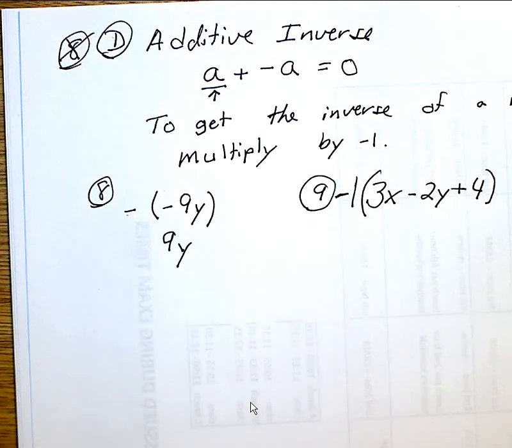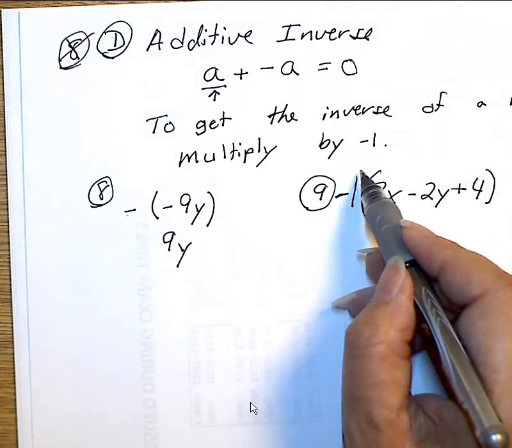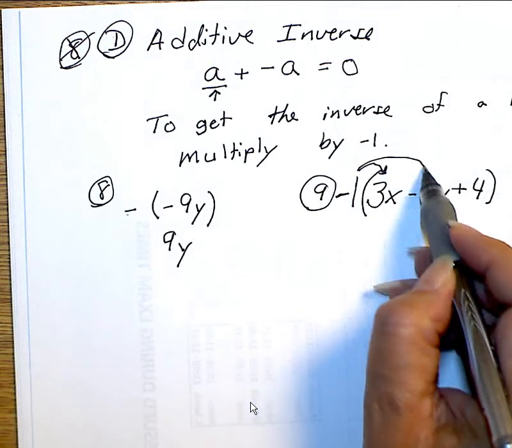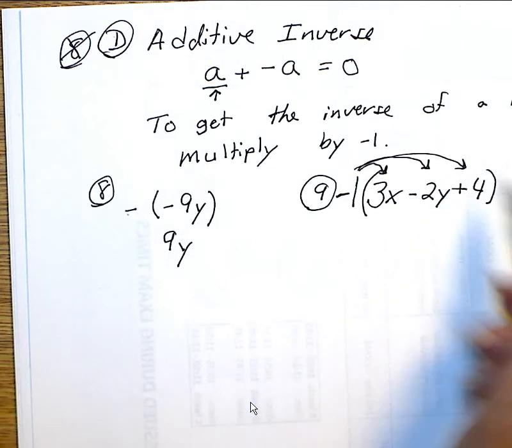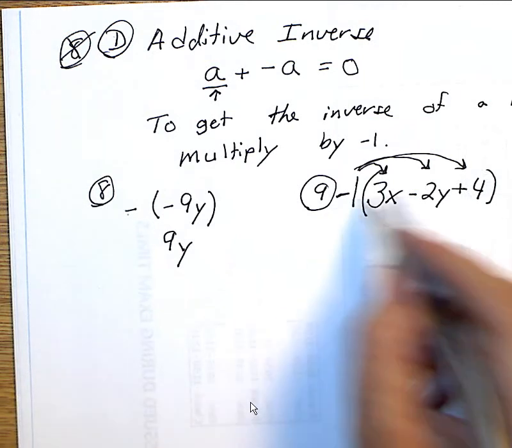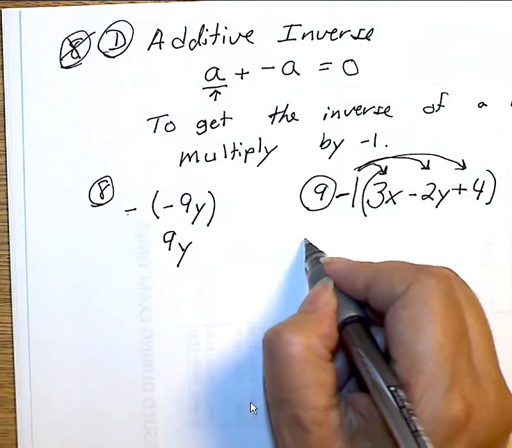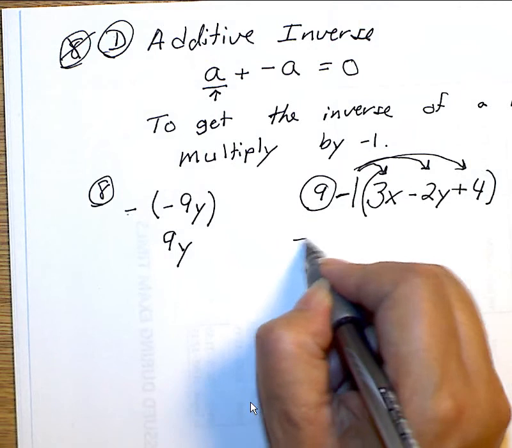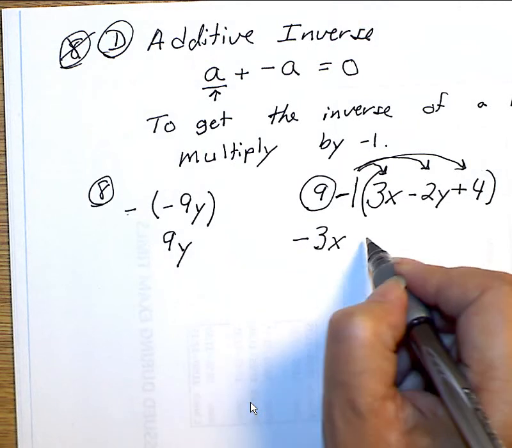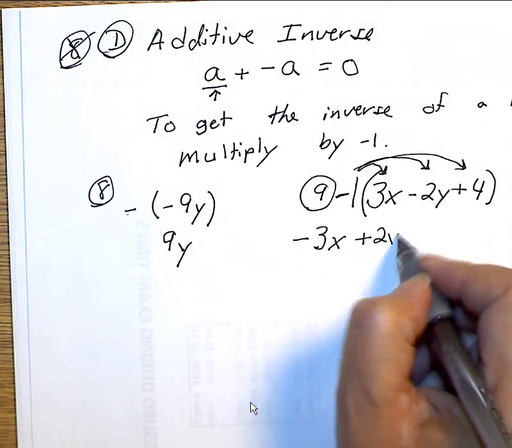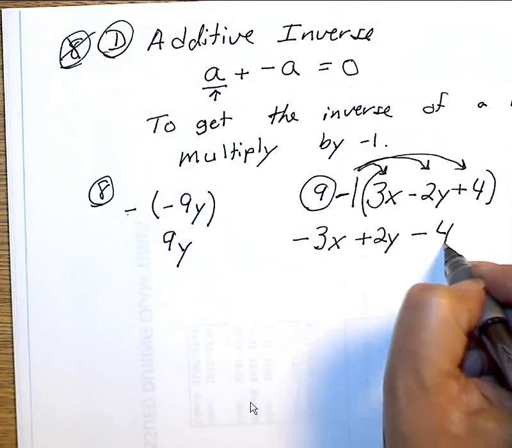But just so you know, that's what they're doing, is finding the inverse. So what is that called when I have to go through and distribute? Yeah, so distributive. So we're going to distribute that negative 1. So class, say it with me. What's my first one? It's negative 3x plus 2y minus 4. Very good.